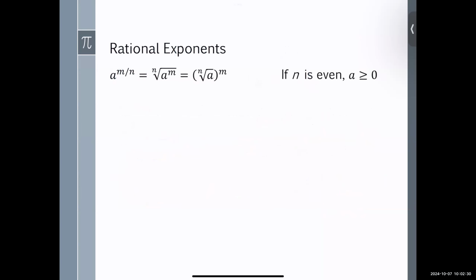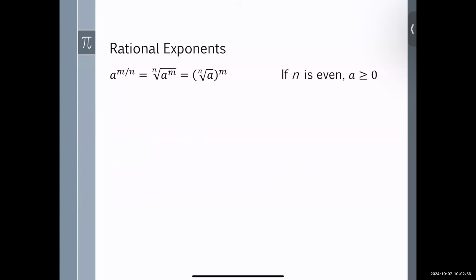Okay, so here are the 2 definitions you need to deal with rational exponents and how they pertain to radicals. So a raised to some rational number m over n is, by definition, the nth root of a to the m.